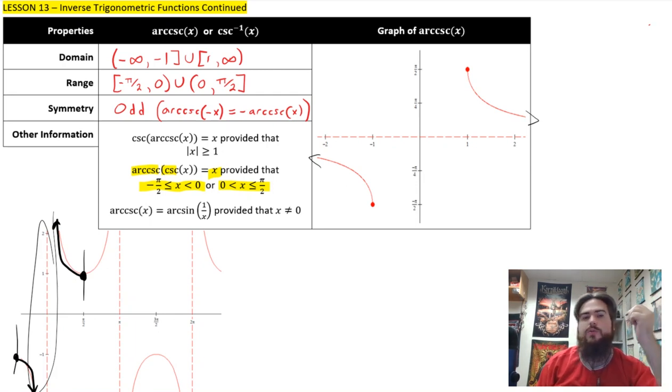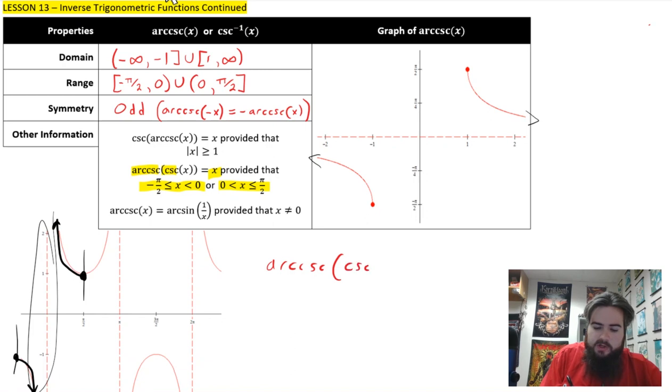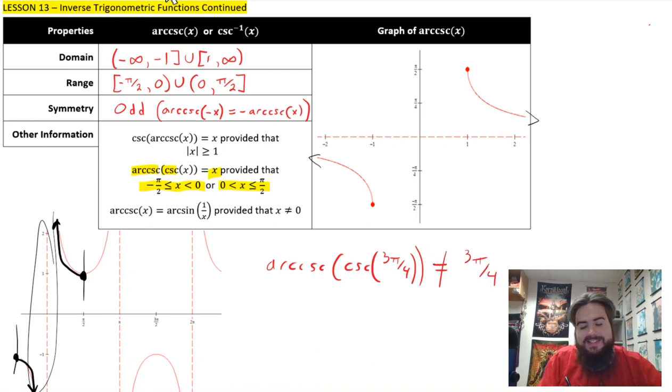But say this was arc cosecant of, I don't know, 3 pi fourths. 3 pi fourths would be too far outside of that range. So when you do arc cosecant of cosecant of 3 pi fourths, that will not just cancel out those terms and give you 3 pi fourths. Instead, work from the inside out to get cosecant of 3 pi fourths, which is positive square root of 2.